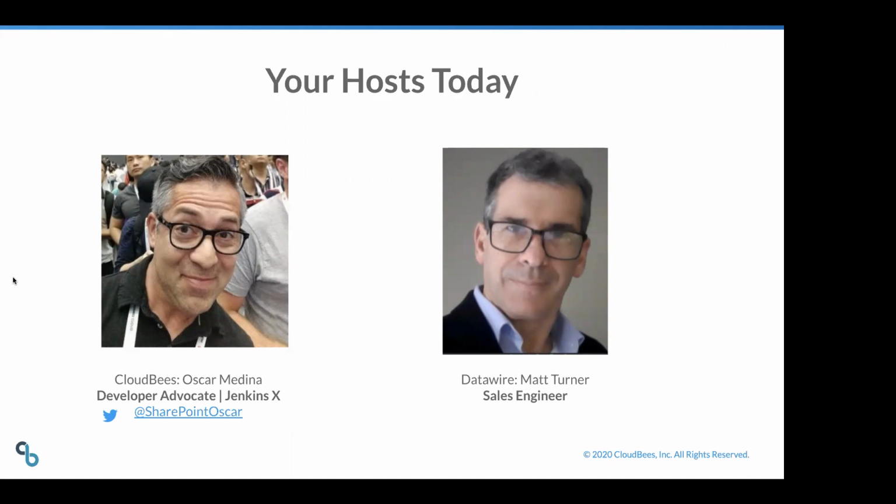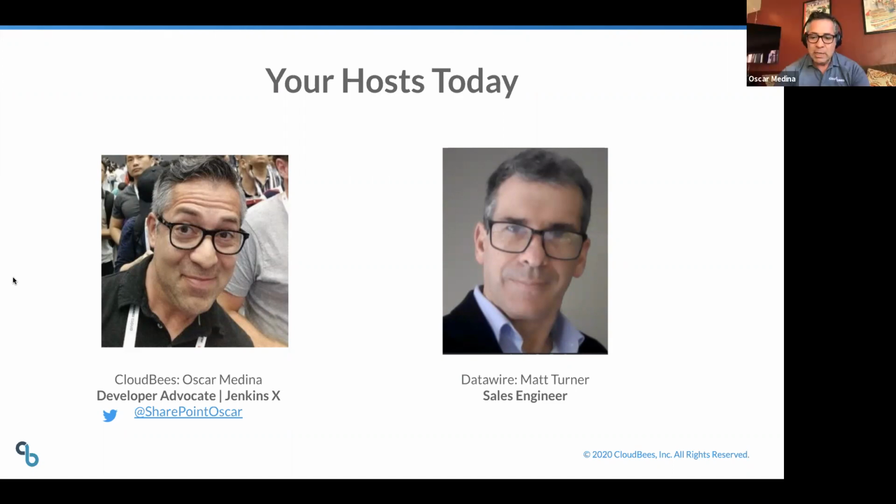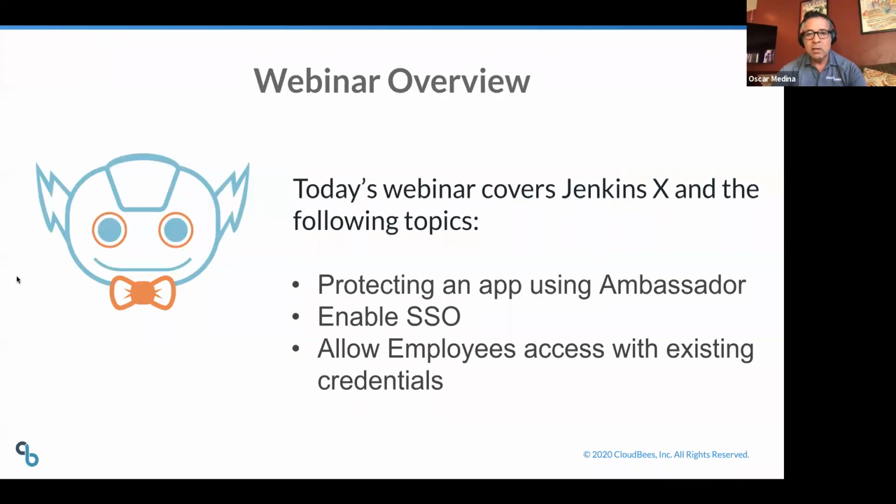Yep. Thanks everyone for joining. I'm excited to walk you through how to secure an application that has been put through CI/CD in Kubernetes, literally, but via Jenkins X, which sits on top of Kubernetes. So today's agenda, you'll learn how to protect this fictitious company's application that is running on Jenkins X and enable single sign-on.